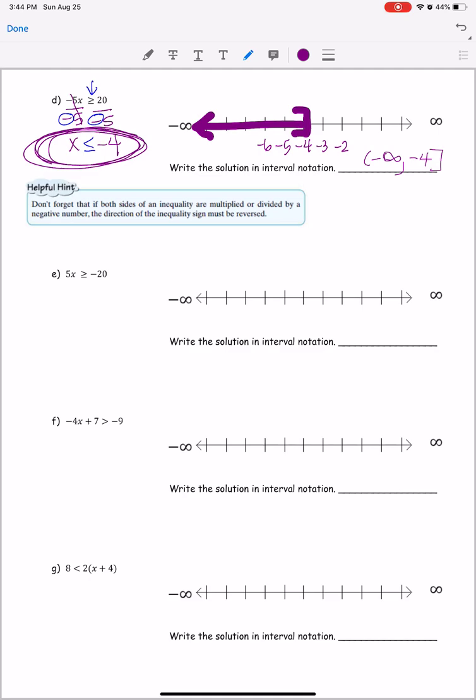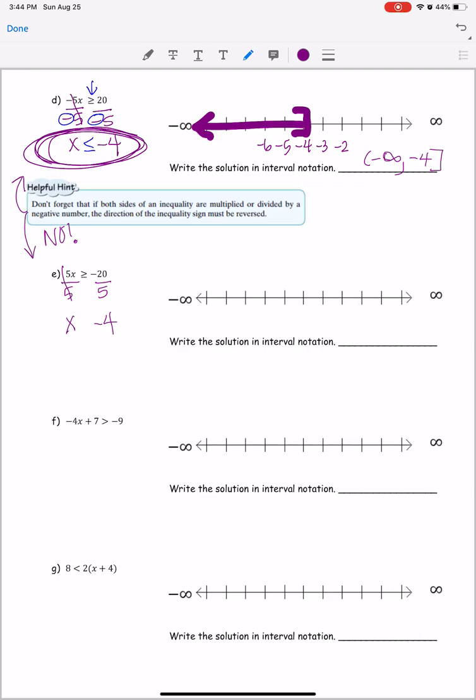Now, don't let this confuse you with this. This is not the same thing. On E, you've got 5x is greater than or equal to negative 20. To get x by itself, you divide by 5. So we've got x, negative 20 divided by 5 is negative 4.